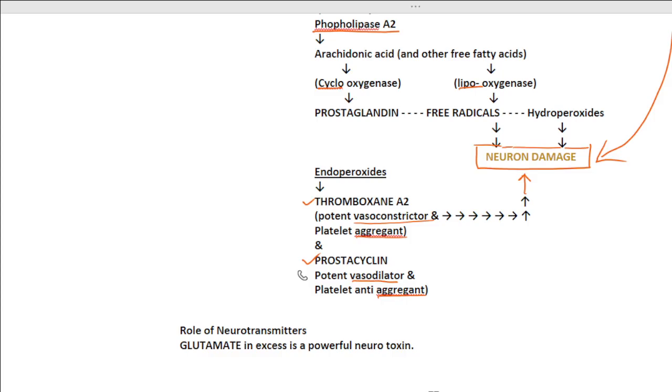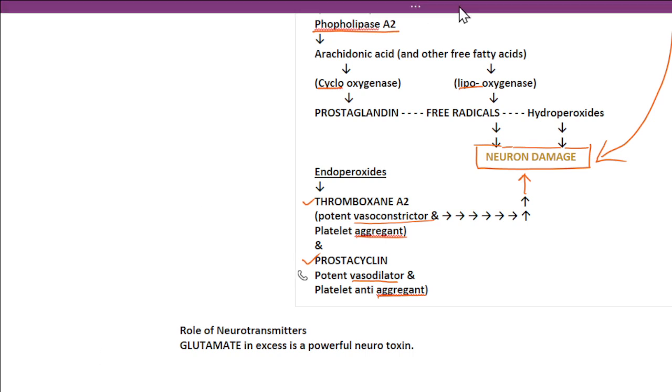Now, if you want to understand how it happens, a simple flow chart can make you understand. Now you see there are two things. Just 1 minute, I'll change the color for you.